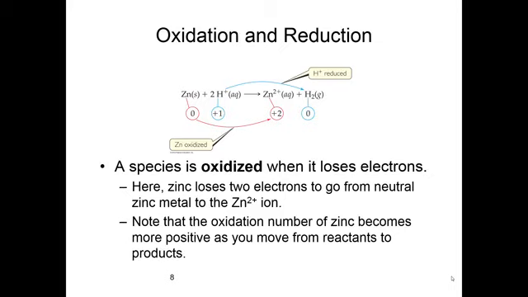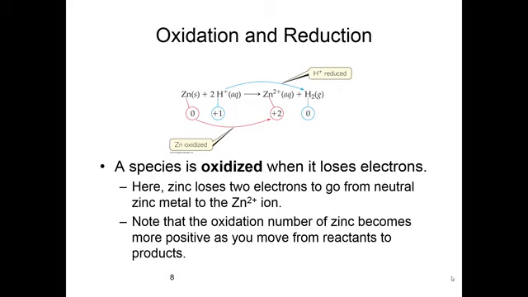H+ is a monoatomic ion, so its oxidation number is +1. Zn2+ is a monoatomic ion, so its oxidation number equals its charge, charge of 2+, oxidation number +2. H2 is hydrogen gas. That is the elemental form of hydrogen, and therefore it has an oxidation number of 0.